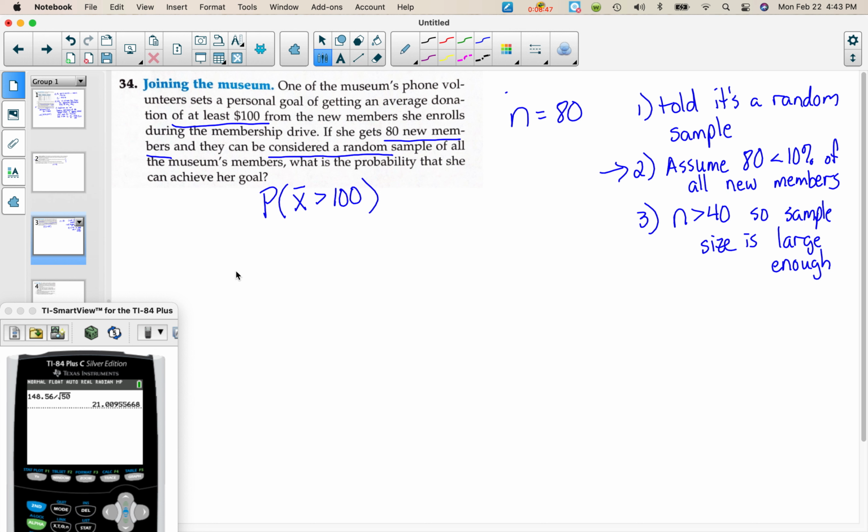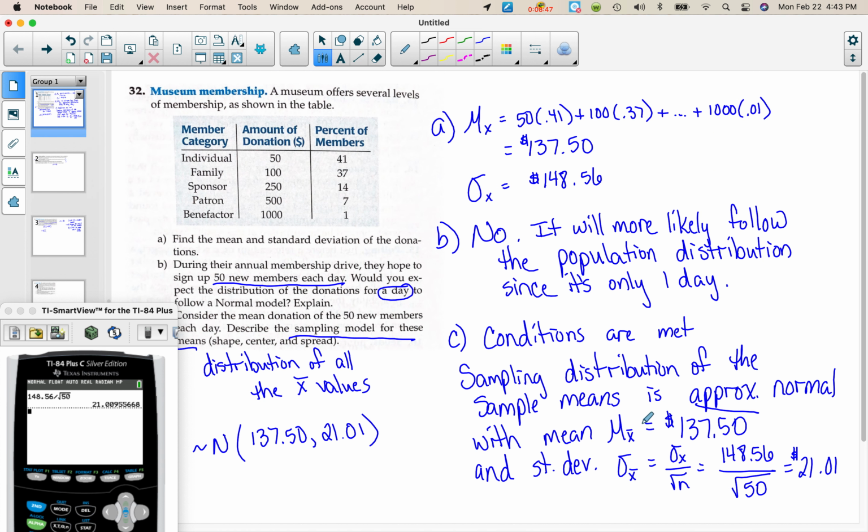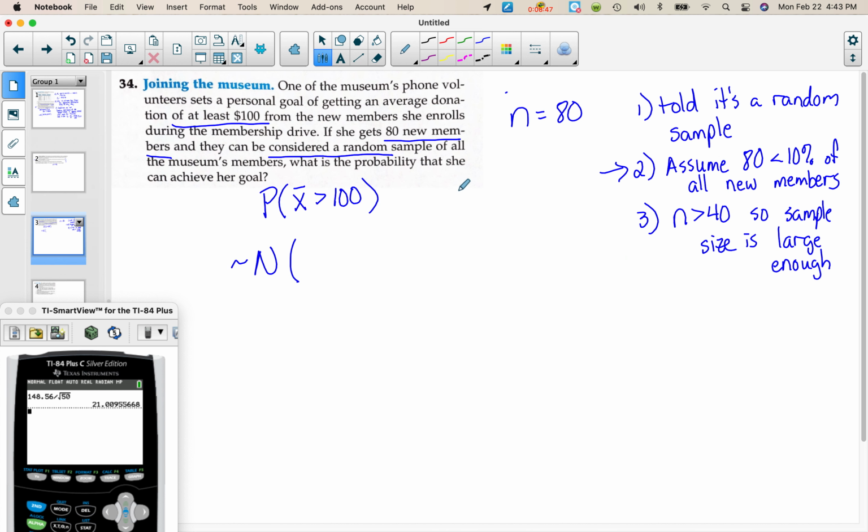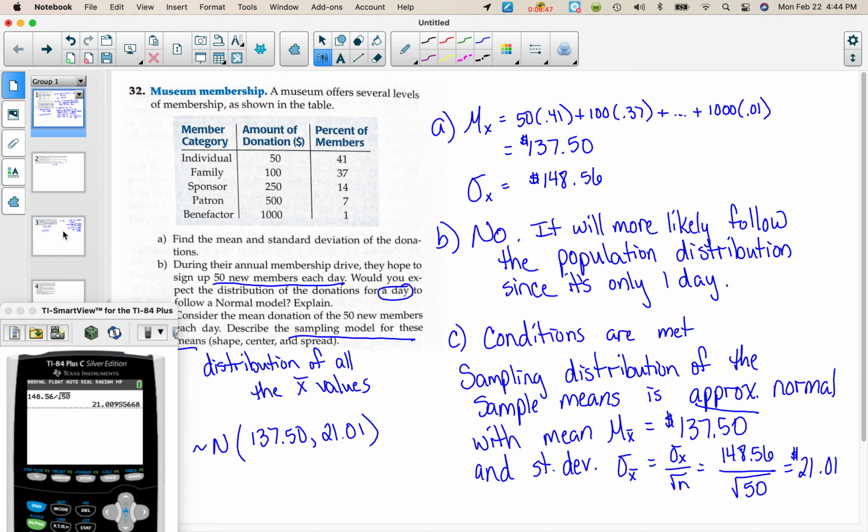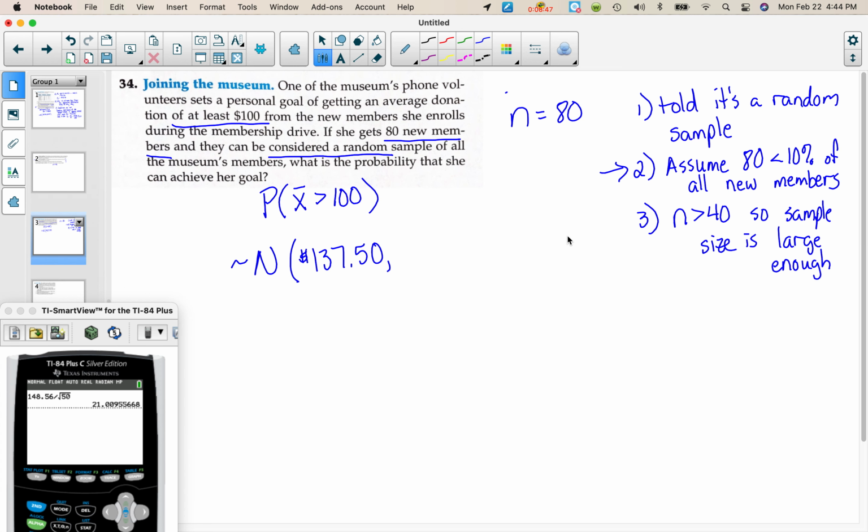So once you do that, then we can say it's approximately normal with a mean. Now our mean is going to be exactly the same thing as it was before. So our mean is still $137.50 because we still have our same population. But our standard deviation is going to be different because to get our standard deviation, we take our population standard deviation and divide by the square root of n, and we changed n.